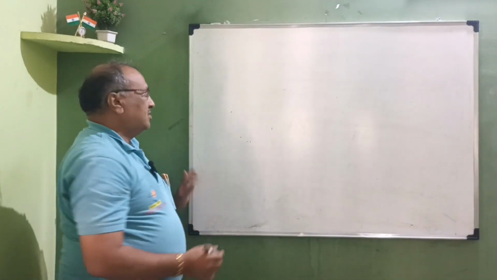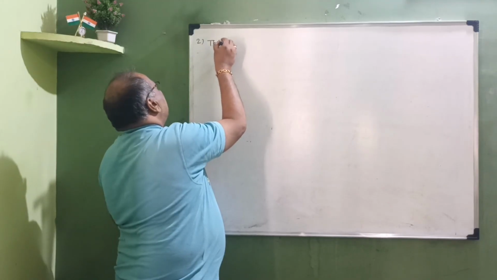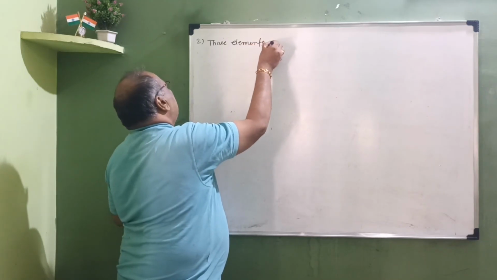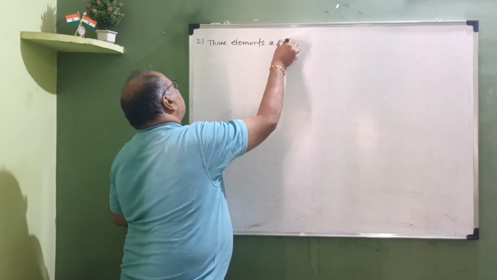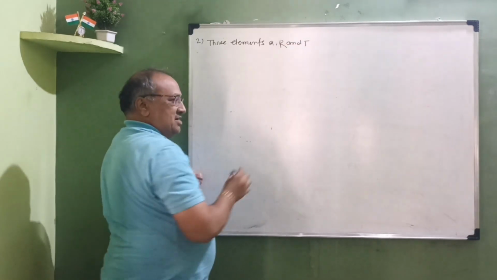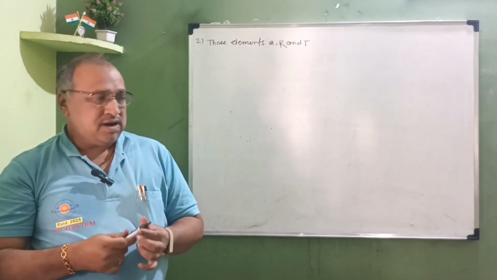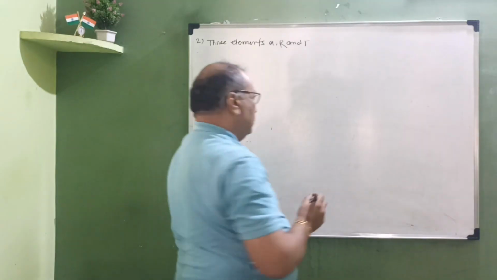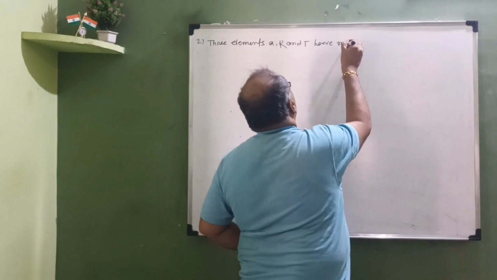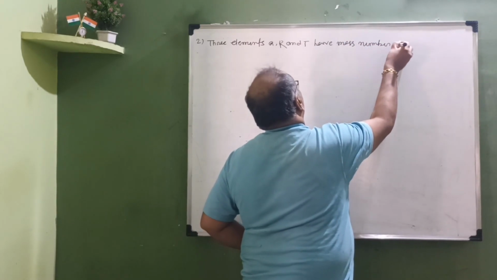Three elements Q, R and T have mass number 40.